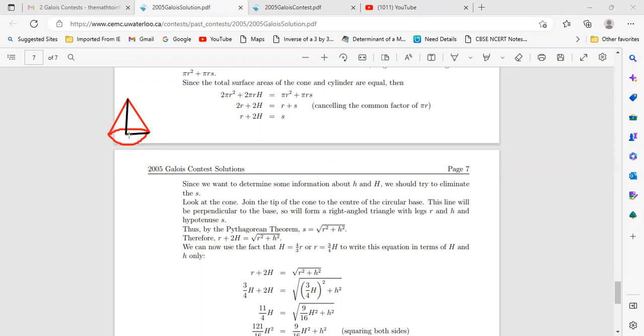You can create a right angle triangle here. This is the radius of the circle, this is the slant height of the cone, and this is h. If you apply the Pythagorean theorem, you can say s is equal to square root of r square plus h square. Can you follow this, Shana?